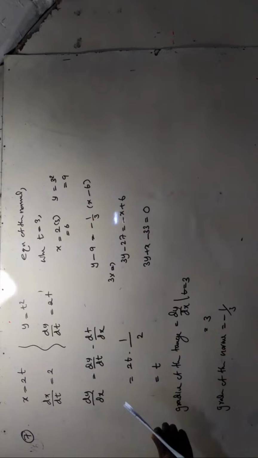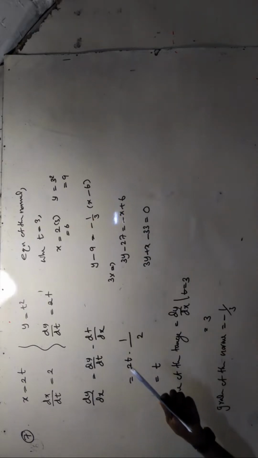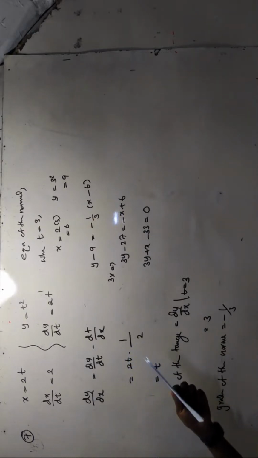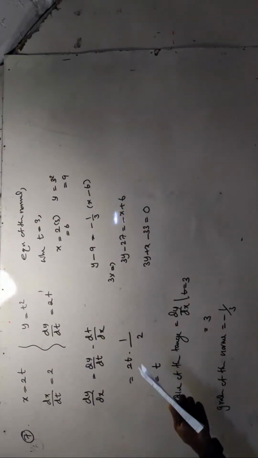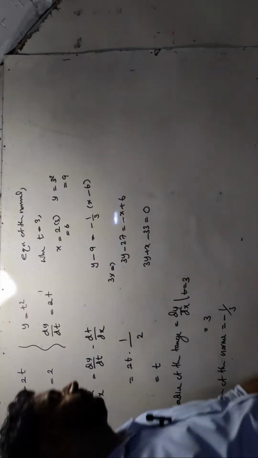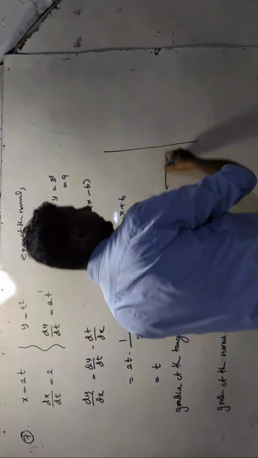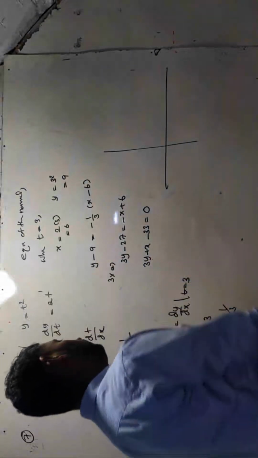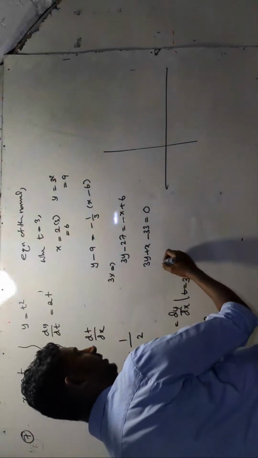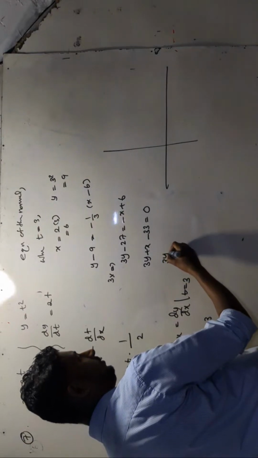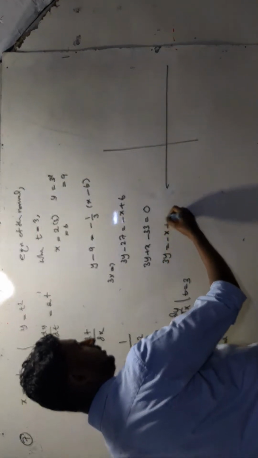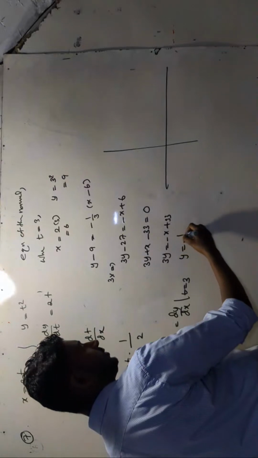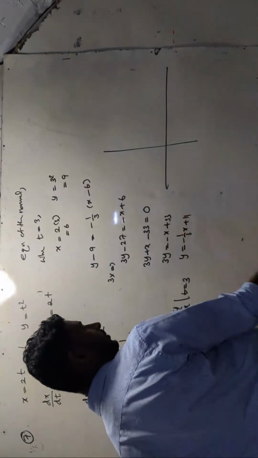Now this normal meets the y-axis at point B. Find the area R enclosed by the lines OB, BP and OP. Right, let's see. Now imagine this is the OXY plane. This is the normal. You can see the gradient: 3y is equal to minus x plus 33, so y is equal to minus 1/3 into x plus 11.